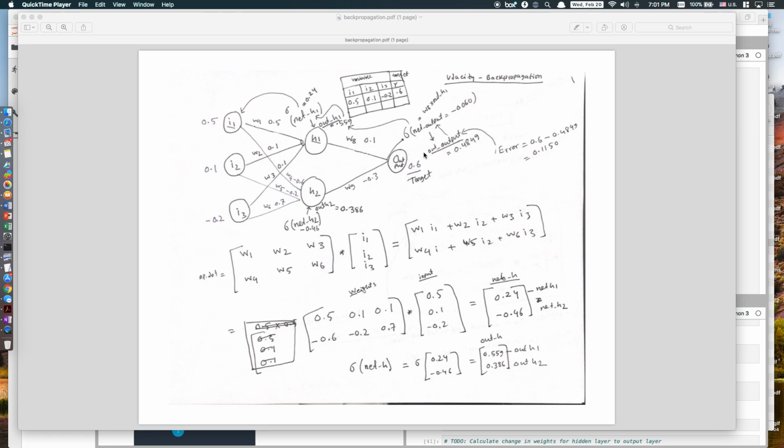We will multiply it with this weight 0.1, and with the derivative of h1. The derivative of sigmoid x is sigmoid x multiplied by 1 minus sigmoid x. So the derivative of output h1 will be 0.559 multiplied by 1 minus 0.559.